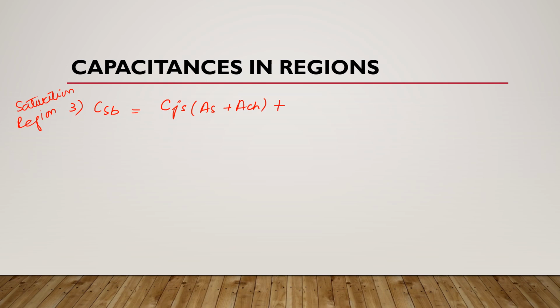It means here this source sidewall capacitance is added. So now this formula becomes this, okay.